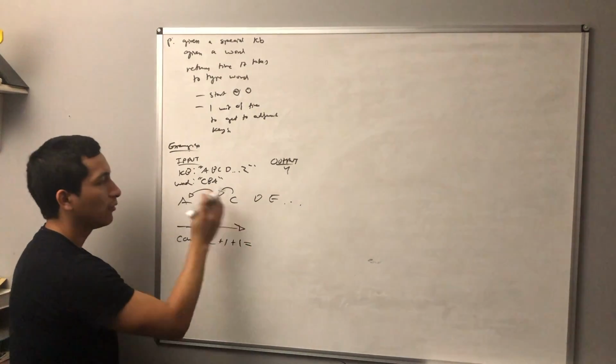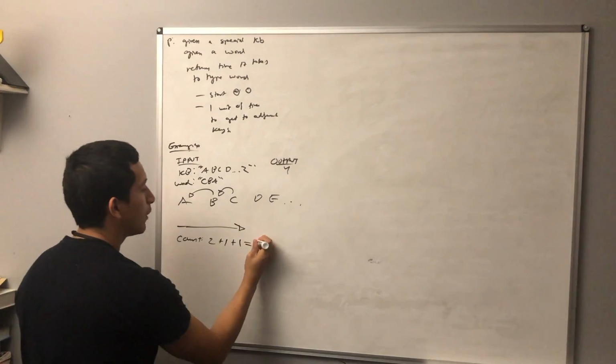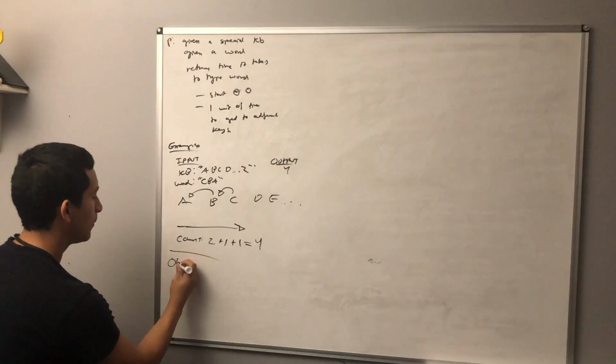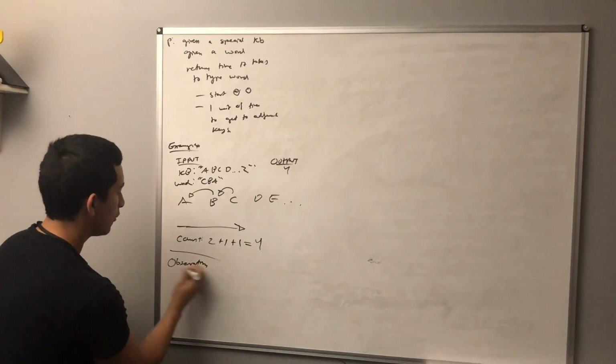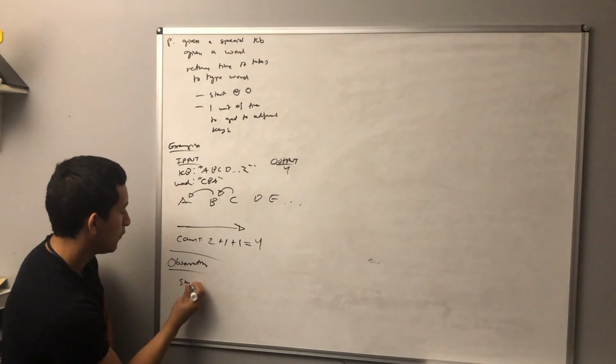So after we've spelled out this word, we want to sum up all our counts, and that would give us 4. Let's do some quick observations we can make from here. First of all, as the problem stated, we start at 0.